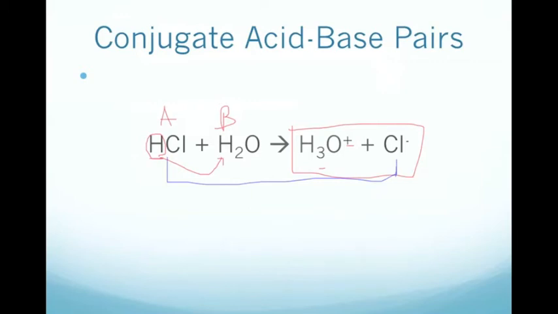And then on the other side, the H2O partners up with the H3O+, and that's another conjugate acid-base pair. So these are called your conjugates, and they each are partnered up with either your acid or your base, and we're going to learn more about that in the next slide.